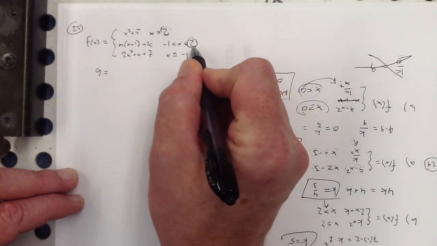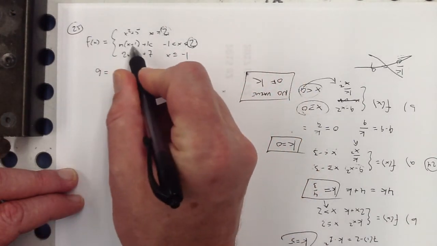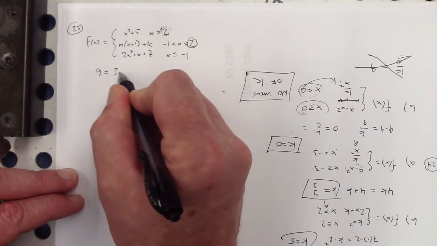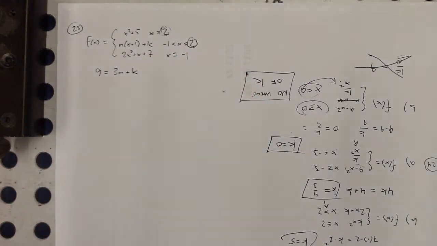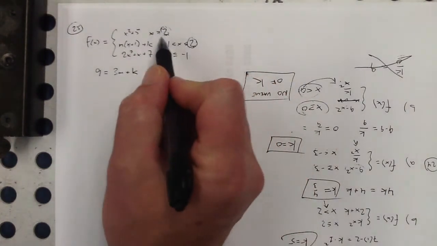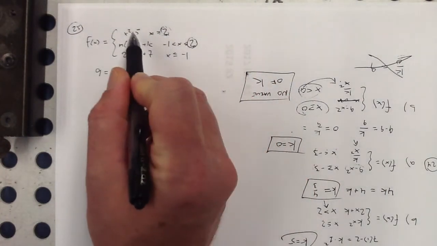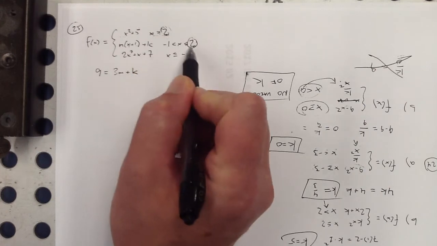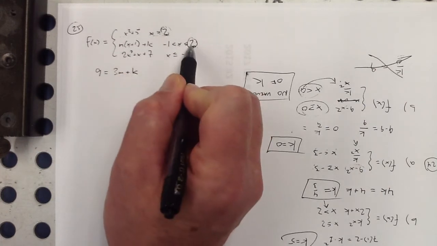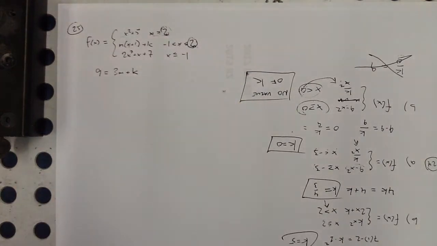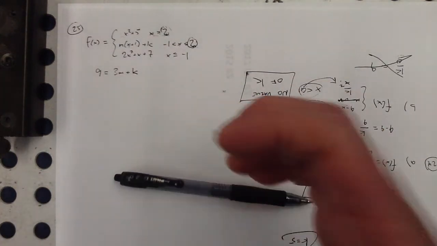And when I plug x equals 2 into this, 2 plus 1 is 3, it'd be 3m plus k. Those two things would have to be equal to each other if we want them to link up, so that the open circle and the closed dot link up.